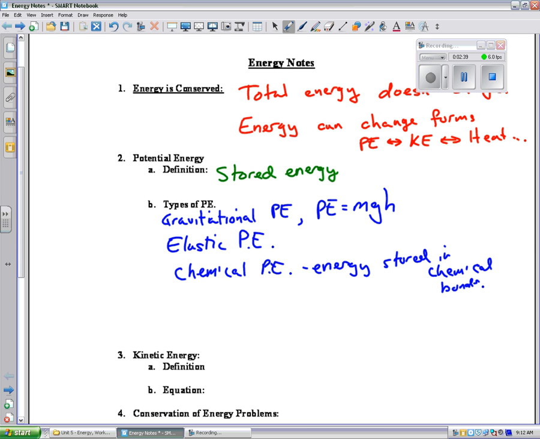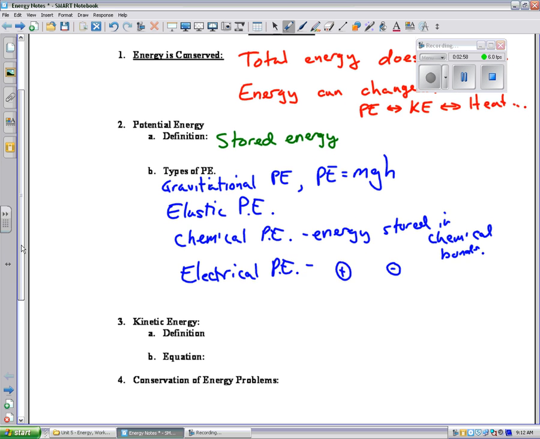Okay. There's electrical potential energy, which we're not going to deal with in this particular unit, but when we start studying electricity, we'll be dealing with it. And that's, say, if I have a positive charge and a negative charge, they want to get together, I have to hold them apart. So while I'm holding them apart, I have some electrical potential energy.